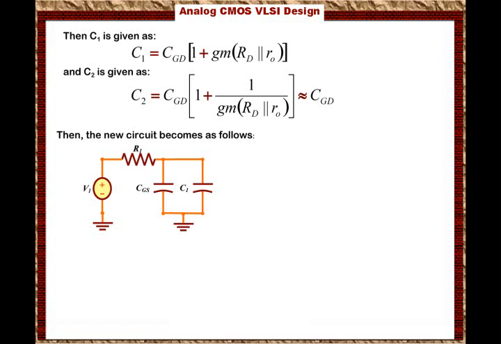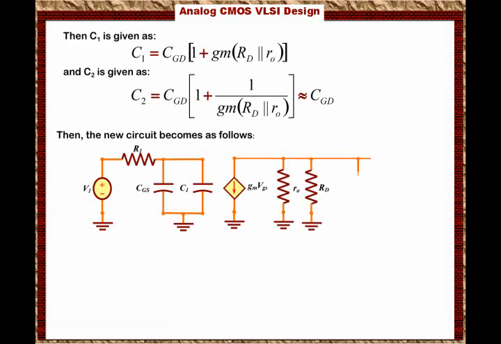And then CGD has disappeared because we found the Miller equivalent capacitances for it. And at the drain we have the current source, which is gmVGS, in parallel with RO, in parallel with RD, and then here we have the capacitance CDS, and we also have C2, which is the output Miller capacitance.